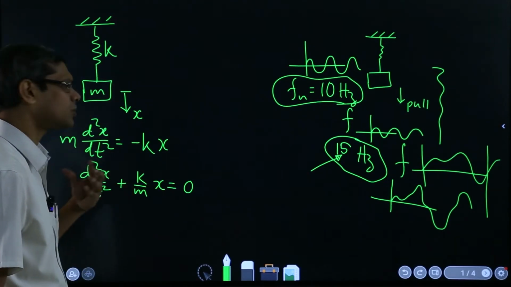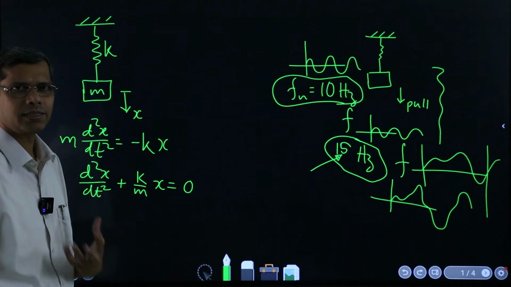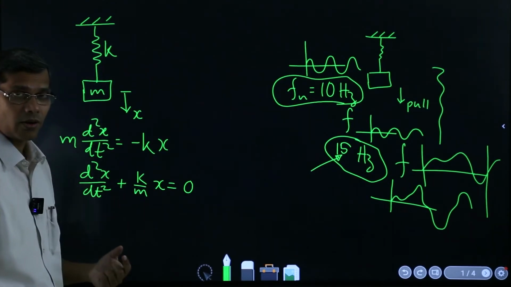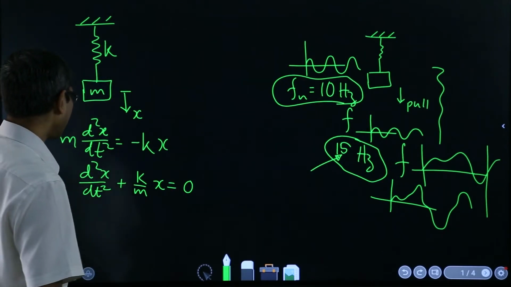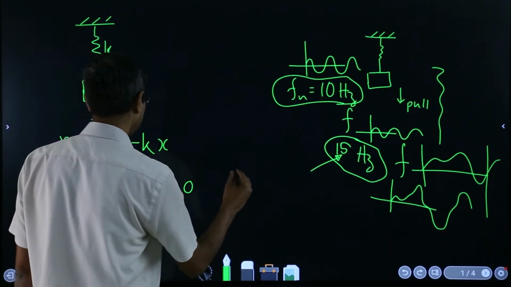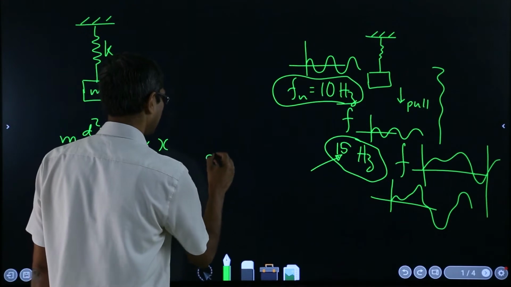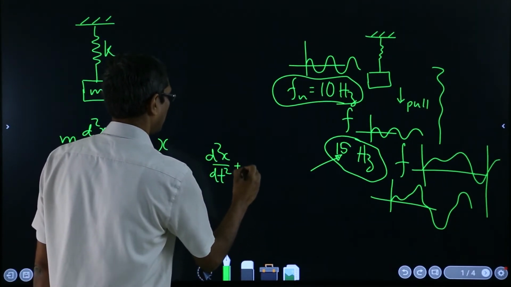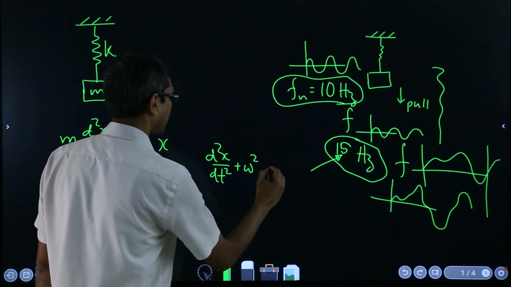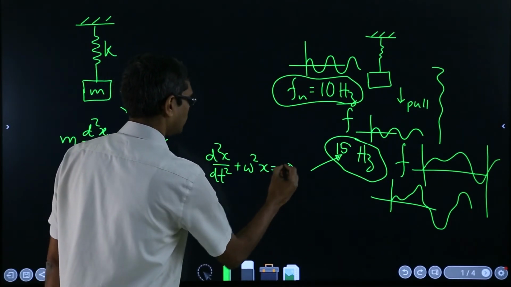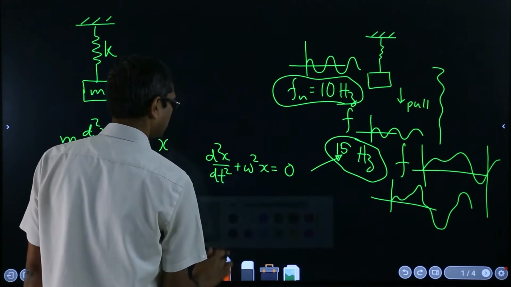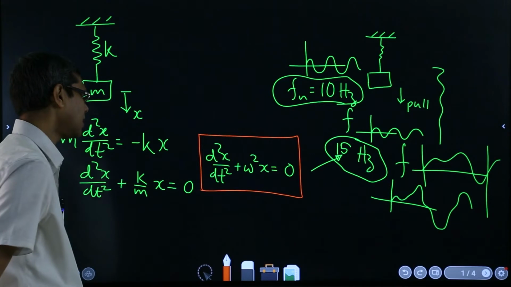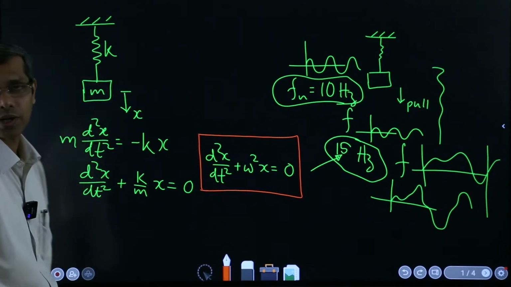So to tell this fact, that the coefficient of x ought to be positive always, I can write this as d square x over dt square plus some constant square times x equal to 0. Now that becomes our differential equation for this spring mass system, right.